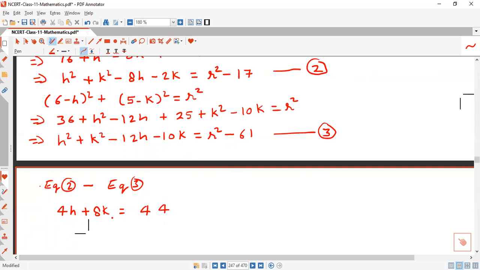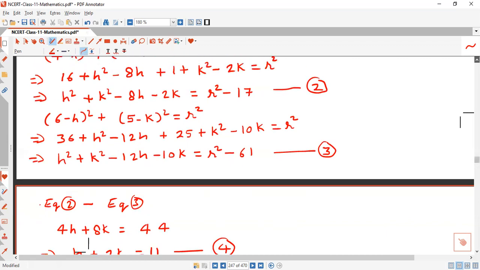This equation can be divided by 4, so dividing it completely by 4, the equation becomes h plus 2k equal to 11. This is equation number 4. Now we solve equation number 1 and 4 together.